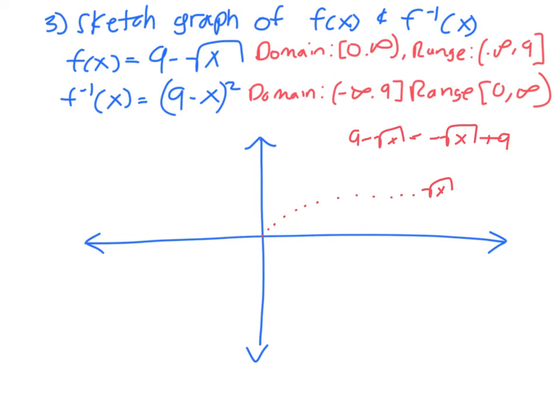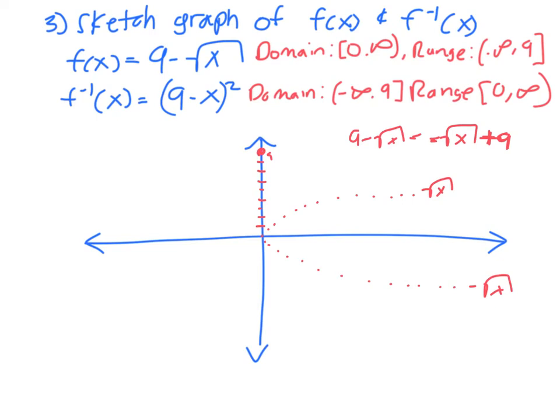The reason I want to write it like that is because I want to see this negative in front here. And so that's going to flip the graph. So this is the negative square root of x. That's what that looks like. And then plus 9 moves the graph up 9. So here's 9. Instead of starting at 0, it's going to start at 9.